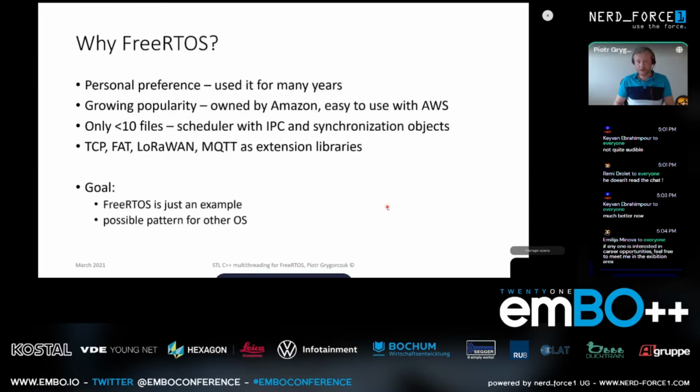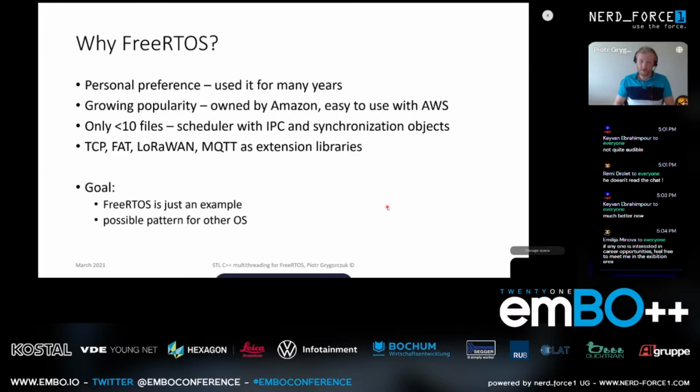So why FreeRTOS? It's purely personal preference. I'm not working for FreeRTOS or for Amazon. Amazon is the current owner of FreeRTOS, and its popularity is growing since Amazon owns it, and it's promoting use with Amazon Web Services. You can see more and more people using it. It's very basic, less than 10 files, considering it's just a scheduler and some synchronization objects.